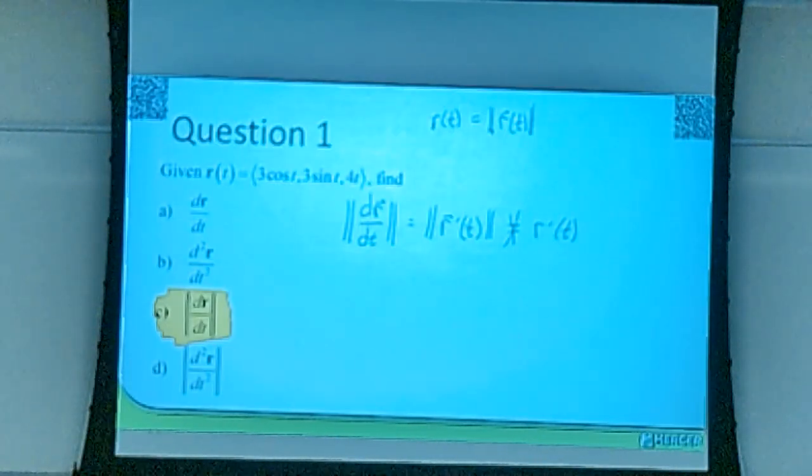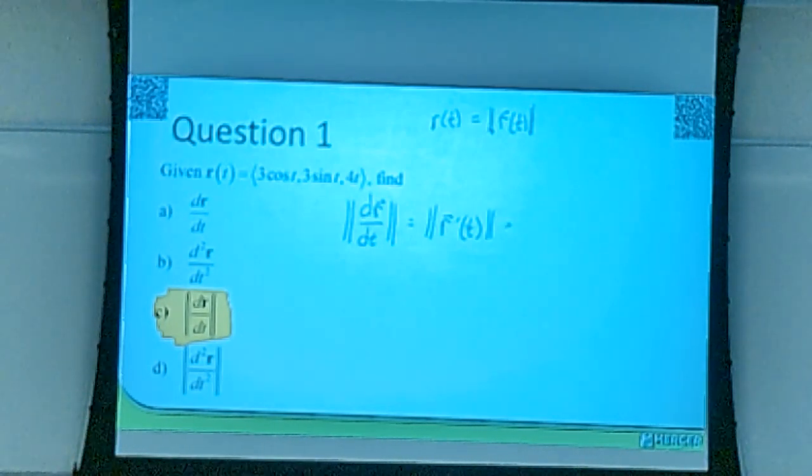It's the magnitude, right? The left-hand side is asking for the magnitude of the derivative. The right-hand side is the derivative of the magnitude. So you find the magnitude first and then take its derivative, which is usually hideous. However, I could write this, because r prime is just velocity and the magnitude will give you speed. So that's fine, but we'll deal with that later.